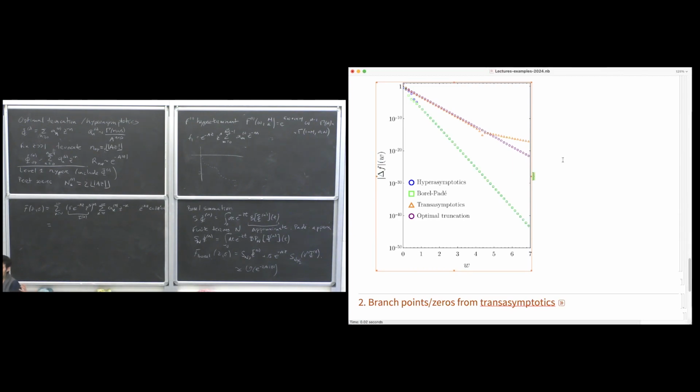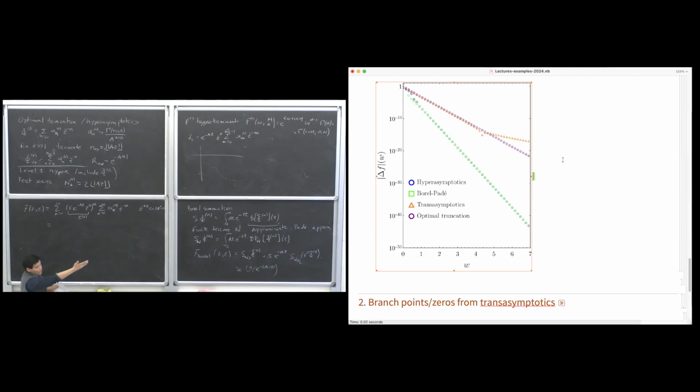But we could imagine now, I don't want to stay in that regime on the positive real axis where this is true. I want to expand my solution elsewhere in the complex plane. And in particular, I want to go to regions where the exponential might not be suppressed at all. I still want to keep on assuming that z is large, because that's the validity of my asymptotic series.